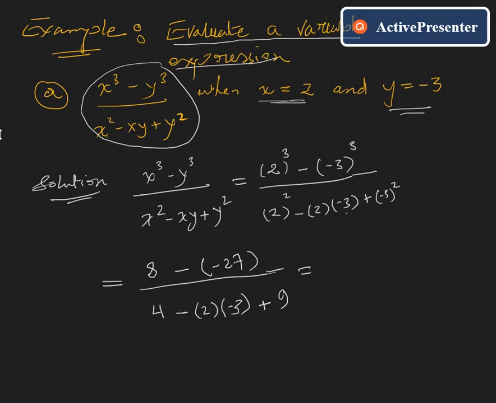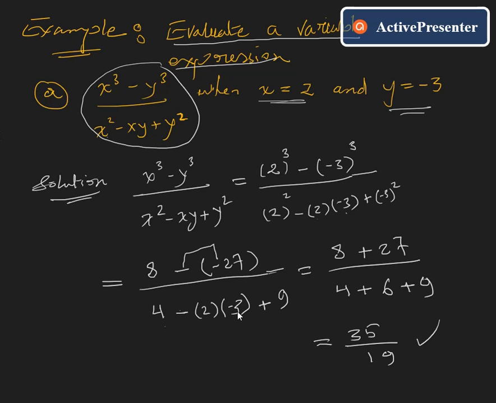Then this equals 8 plus 27, since negative times negative is positive, over 4 minus 2 times minus 3, which means plus 6, then plus 9. Do the addition from left to right. 8 plus 27 is 35 over 19.